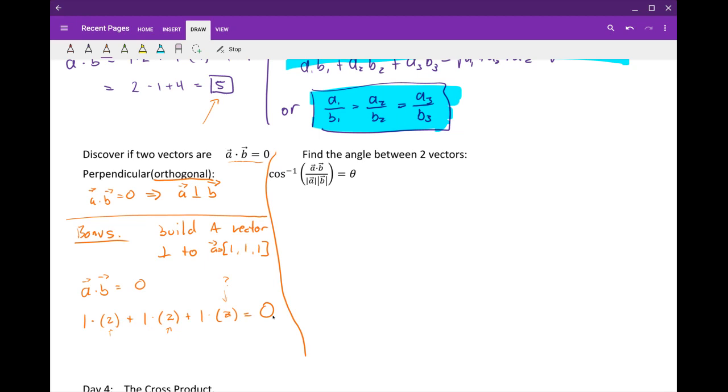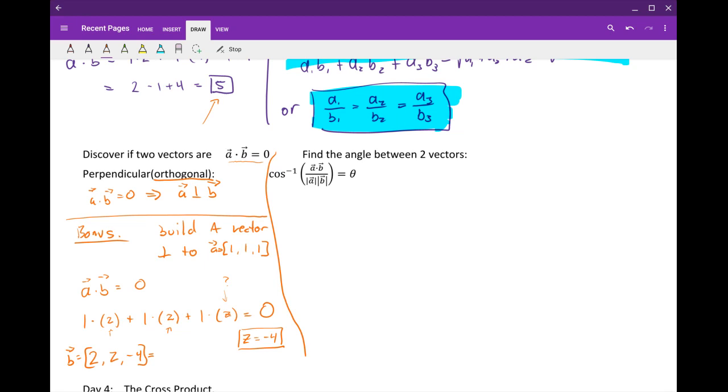So I would actually just do some math, and I would discover that z is -4. Do a little bit of algebra there. And so as it turns out, 2, 2, -4 is b, right? And this vector is perpendicular to A because its dot product is 0 when dotted with A. And I just made that vector up. I invented it. Okay?